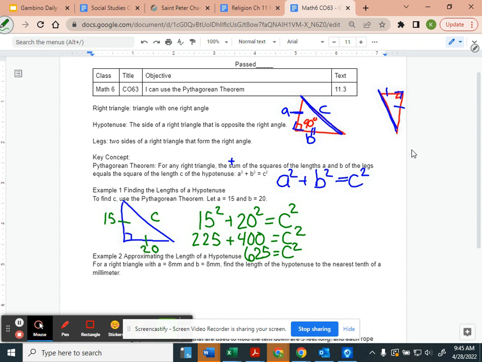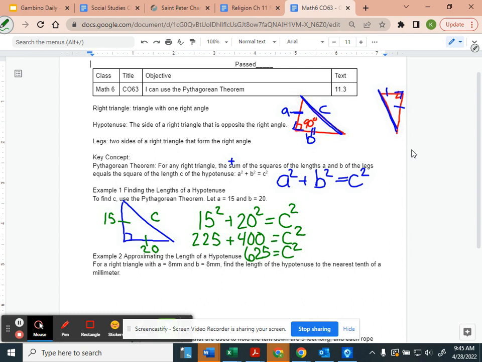625 equals C squared. Is that my answer? No, you have to figure out what C squared is. Like, oh, 625, it's not C by itself. It's C squared. And we need to simplify it all the way down to just C. So if I look at C squared, remember we're doing opposite operations.